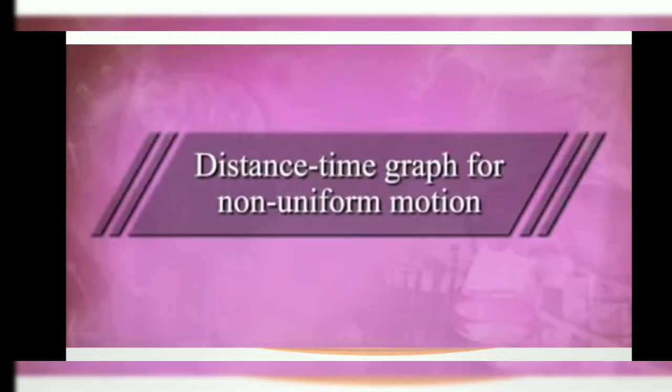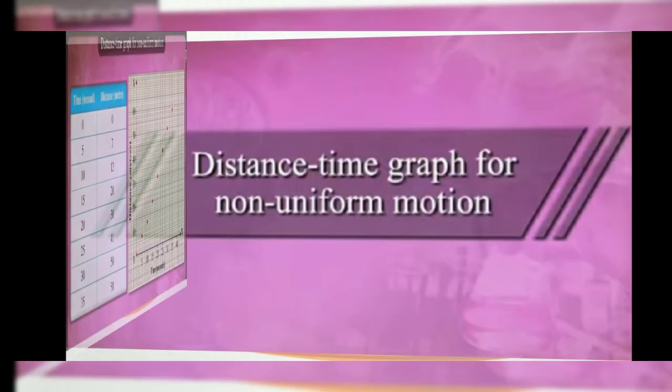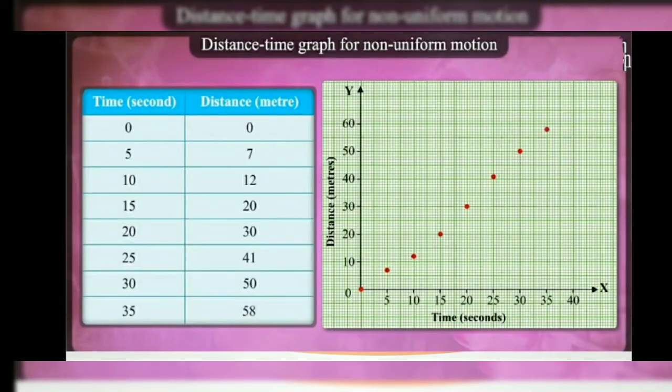Let's proceed further with the distance time graph for non-uniform motion. Now children, the table shows the distances covered by a bus in equal time intervals. We need to draw a graph of distance against time, taking time along the x-axis and distance along the y-axis.